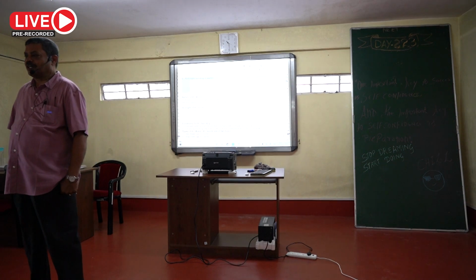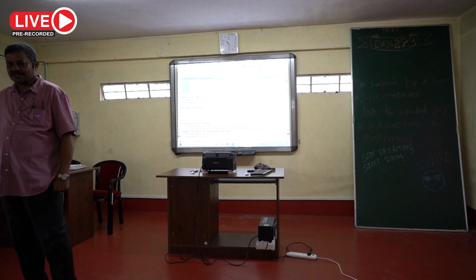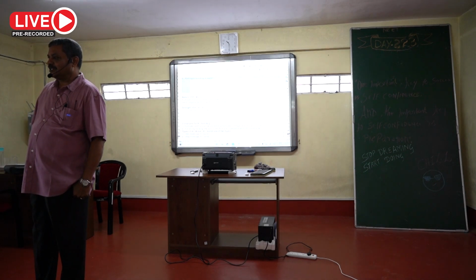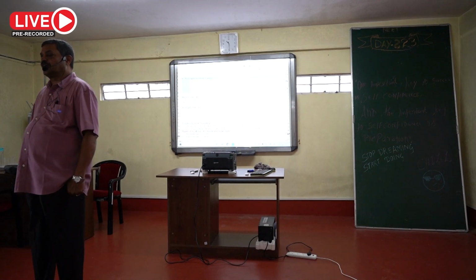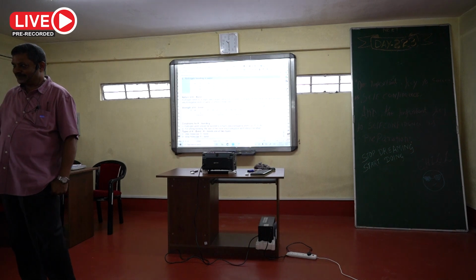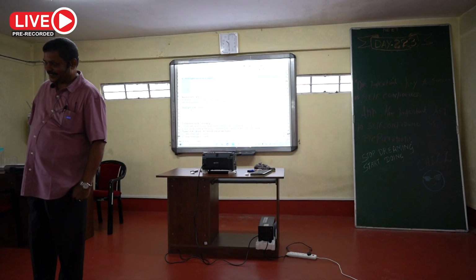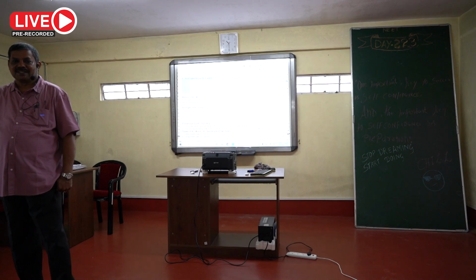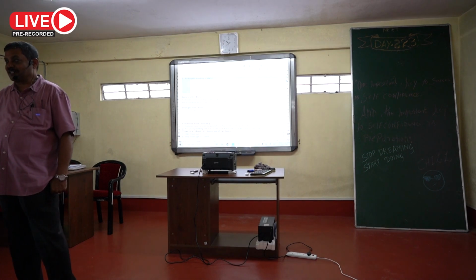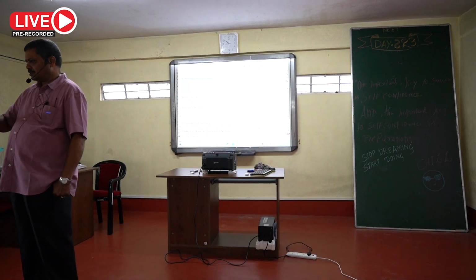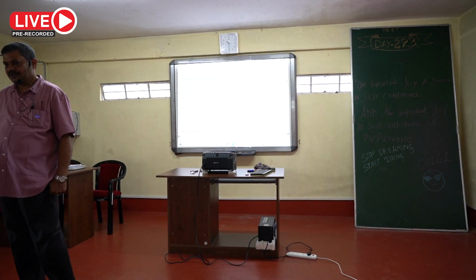Two days back, a student brought a question: to describe an orbital, the number of quantum numbers required is 1, 2, 3, or 4.